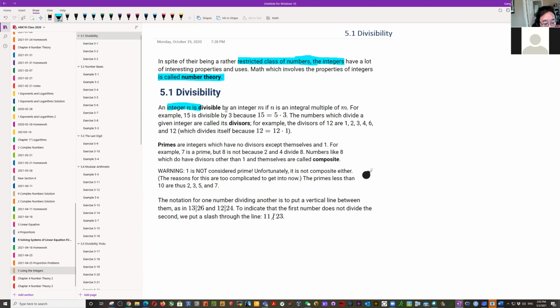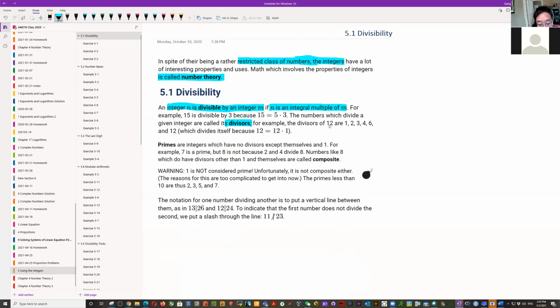So if n is divisible by another integer m, then reversely, you can say that n is an integral multiple of m. All the numbers that can evenly divide a number are called its divisors.